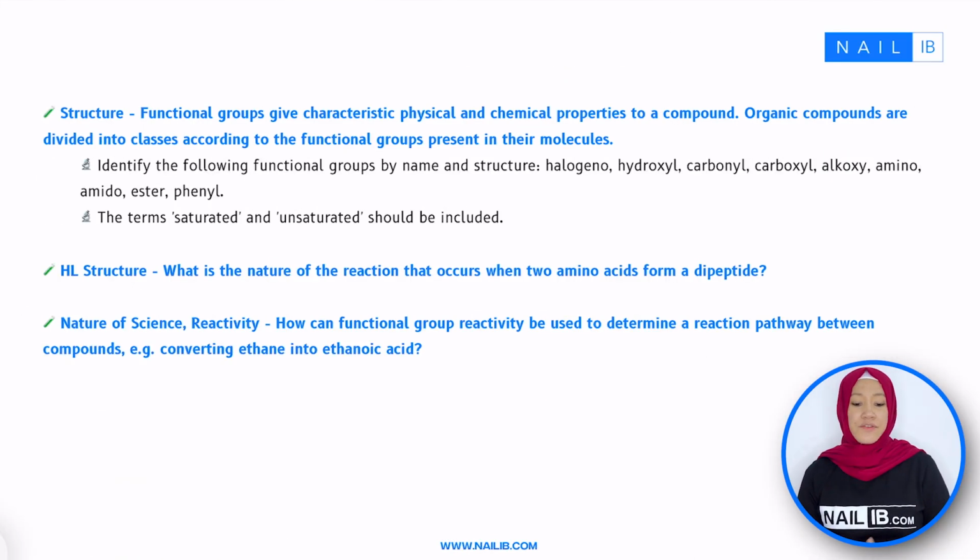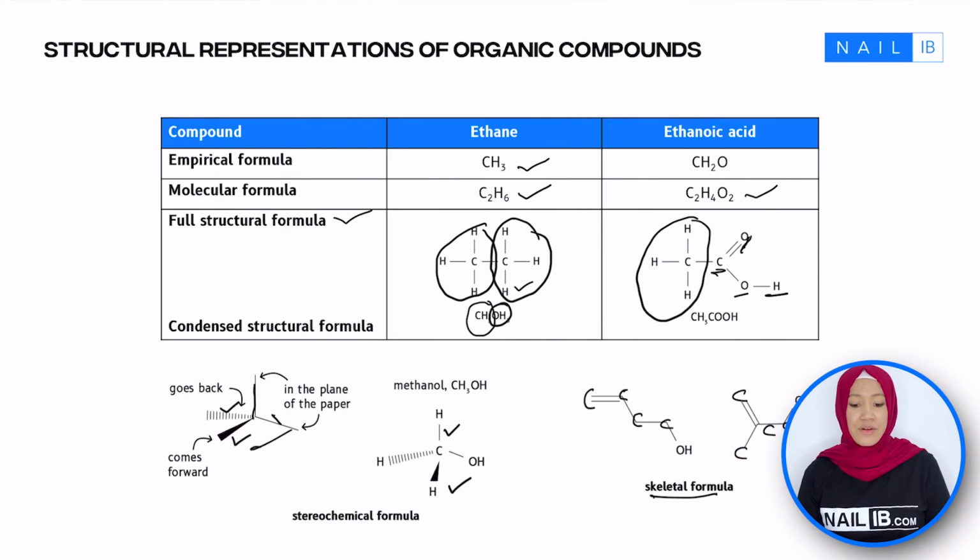Okay, so that's all for the structural representation of organic compounds. We already talked about the empirical formula, molecular formula, full structural formula, which is basically the Lewis structure represented by the bonds between the atoms involved in the molecule, and condensed structural formula without bonds but showing all the atoms involved in the molecule, and then also the stereochemical formula, the one with bonds pointing out of the plane, into the plane, and in the plane of the paper.